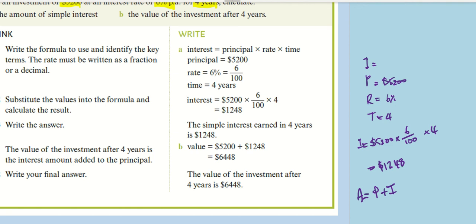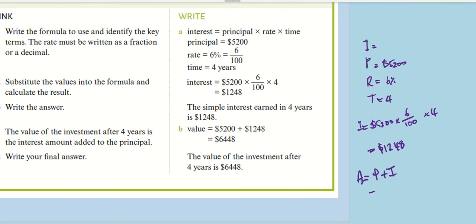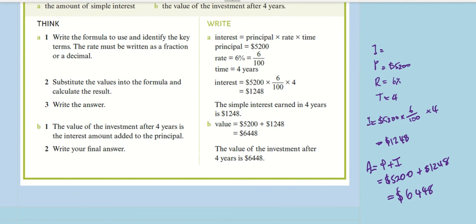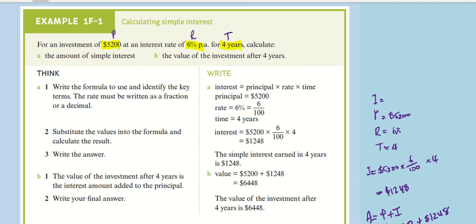So we just add 5,200, which was our principal, and then we add that 1,248, and we can do this in our head. That's $6,448.